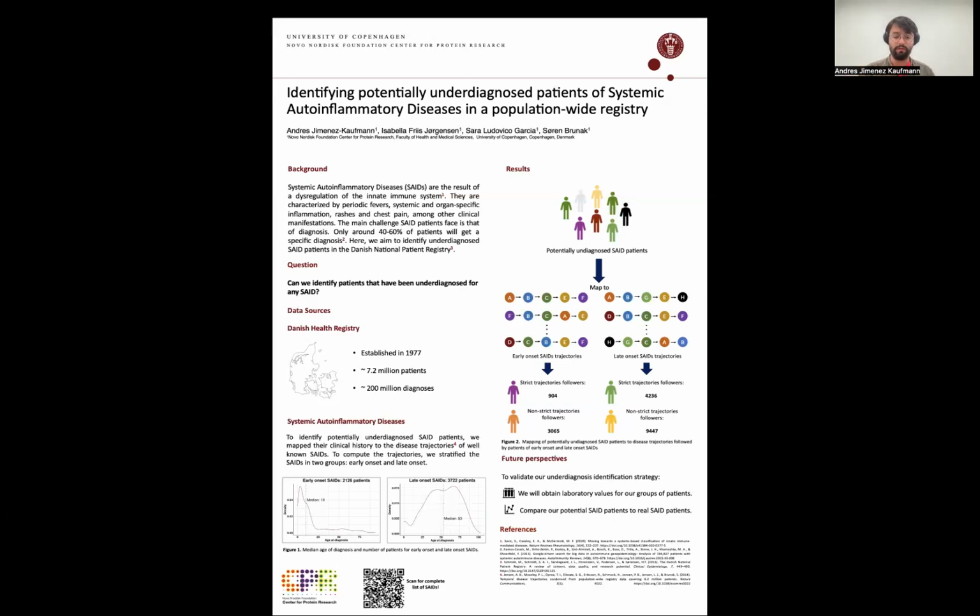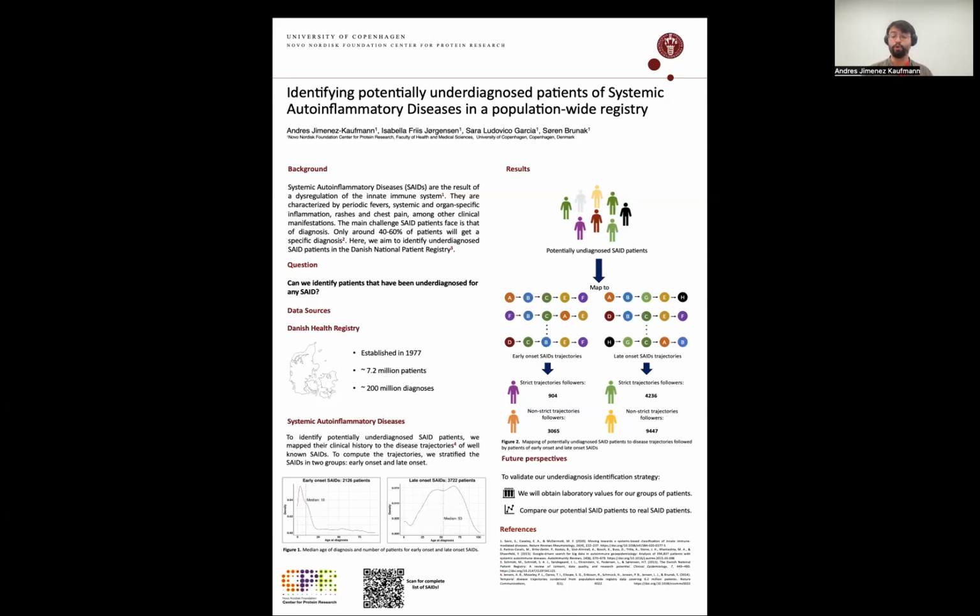So in the end, for early onset SAID trajectories, I could identify 904 strict trajectory followers and 3,065 non-strict trajectory followers. On the other hand, for late onset SAID trajectories, I could identify 4,236 strict followers and 9,447 non-strict followers.